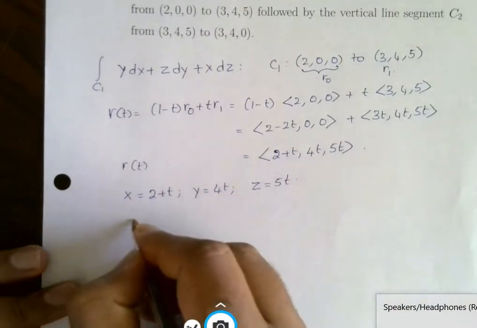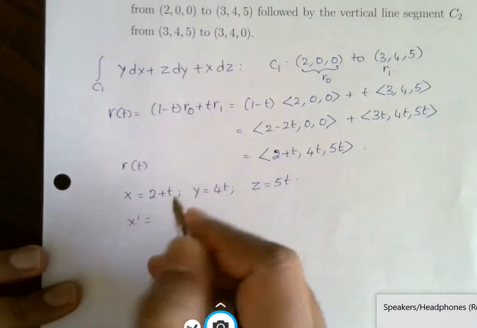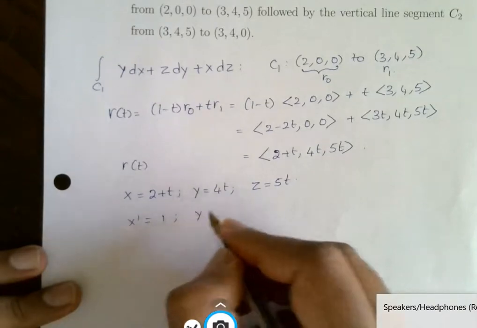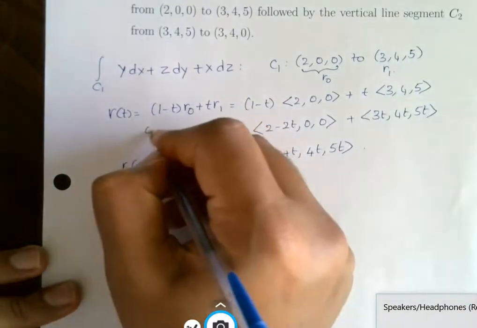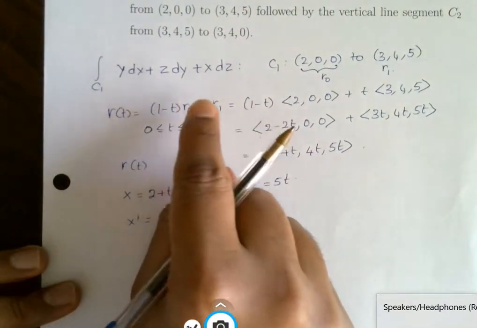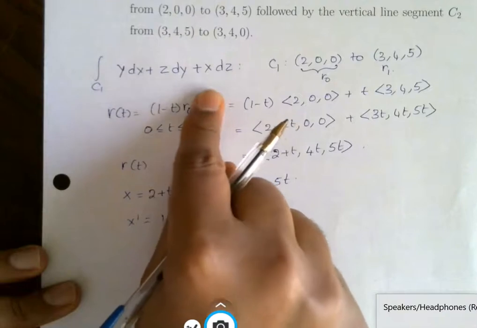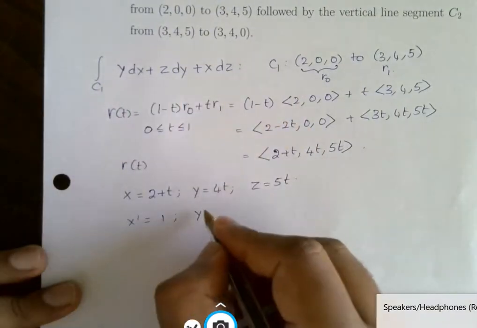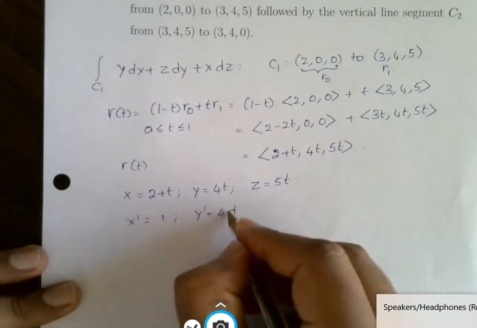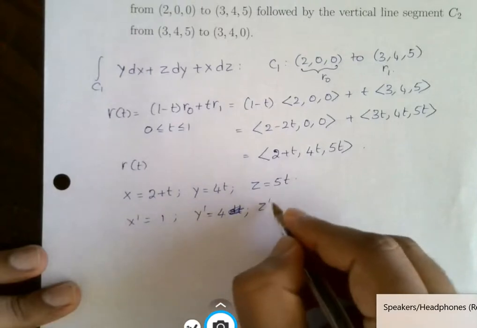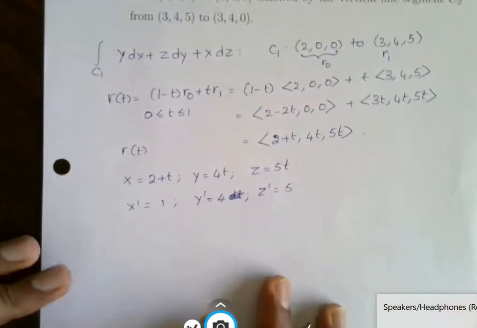So your x prime is 1, your y prime is 4, and z prime is 5, where 0 is less than or equal to t is less than or equal to 1, because when t is 0 you get r naught, and when t is 1 you get r1. We are going to use that.